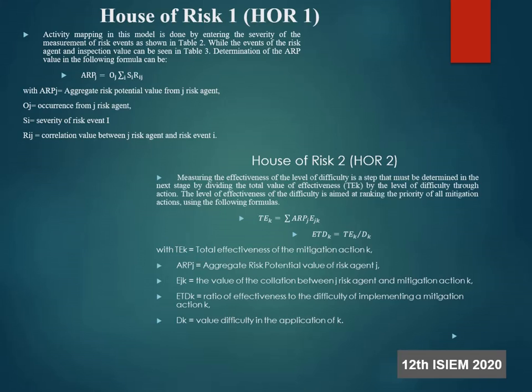The effectiveness to difficulty ratio is aimed at ranking the priority of all mitigation actions. Use this formula, where TEK is the total effectiveness of the mitigation action.